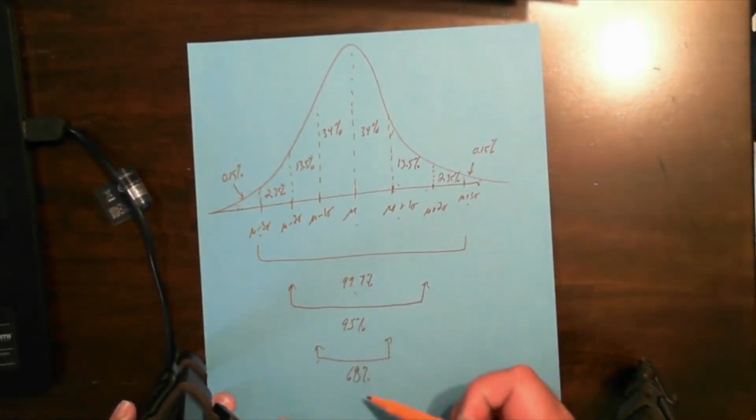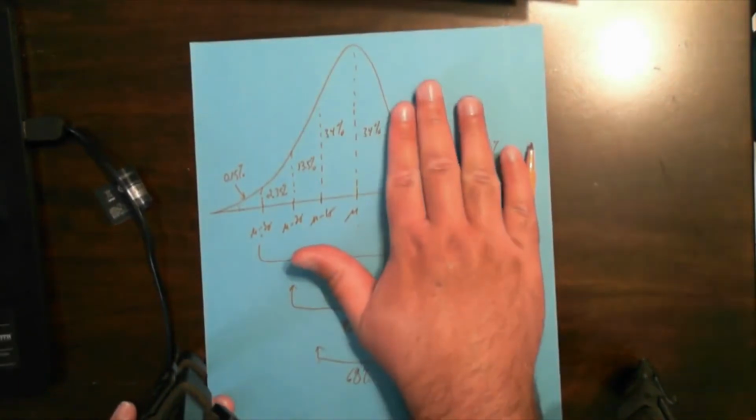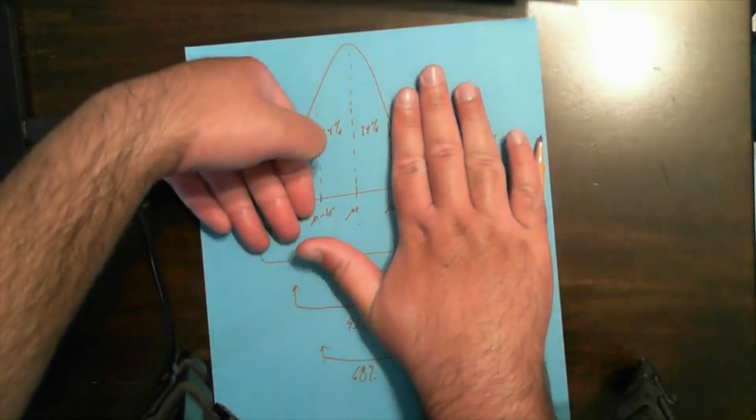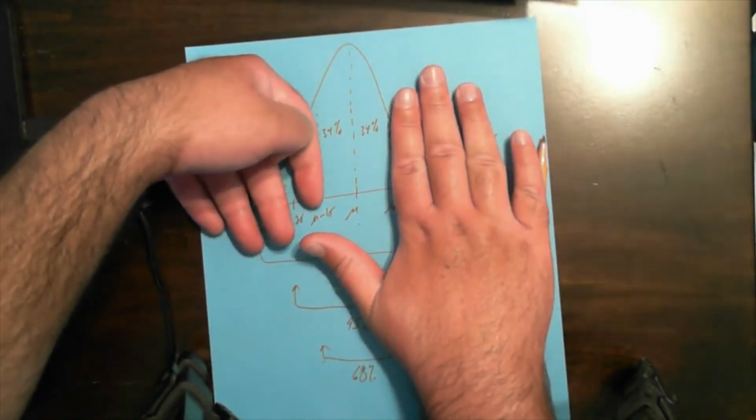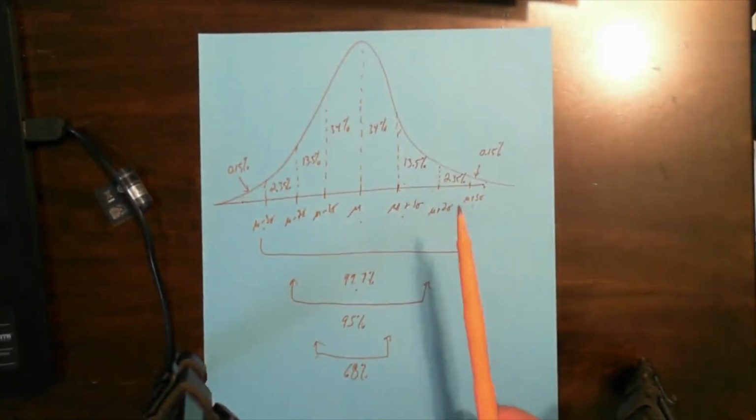Of course, you don't need to memorize these numbers because you can find them from up here, right? It's pretty easy to see that if you know that these are 34, then between that section would be 68% of the data, right? Okay?